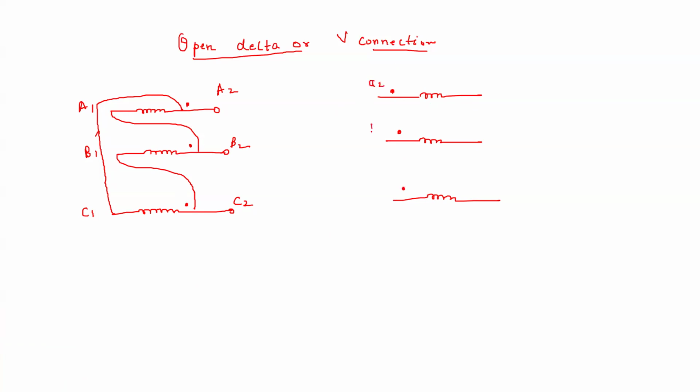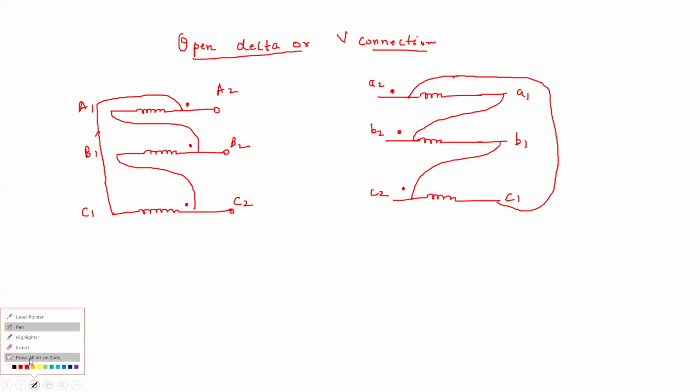This is A2, this is B2, C2. We have A1, B1, C1. This is like this, and this is like this.